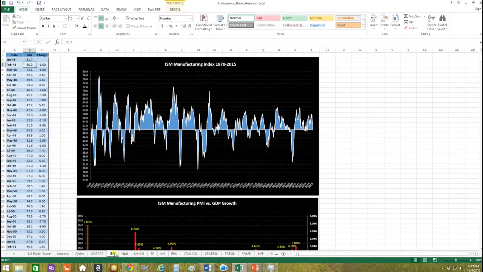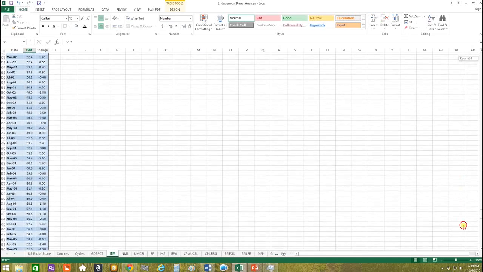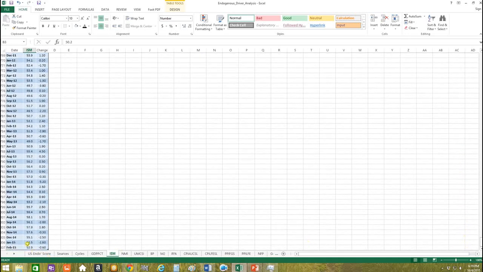If we go over to the ISM and scroll right down to the bottom, we can see the latest data, Feb 2015, which is reported in March. The score is 52.9, and it's growing because it's above 50, but it's slower.